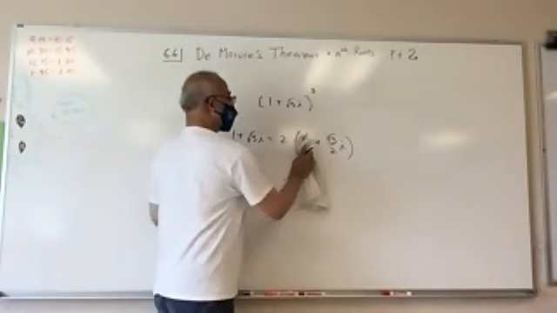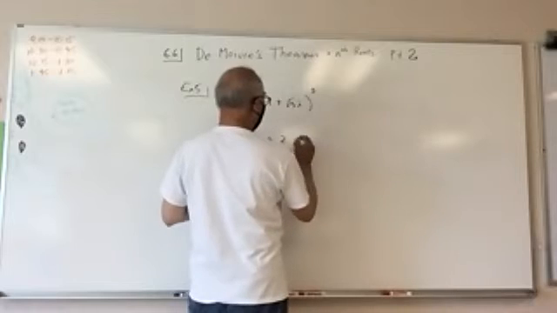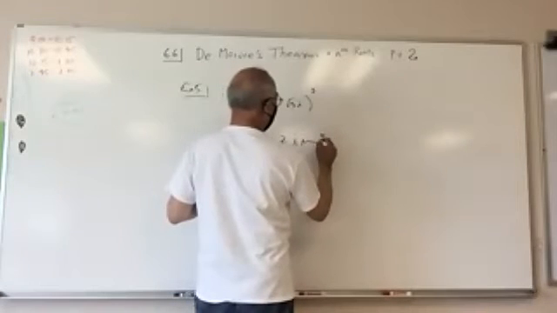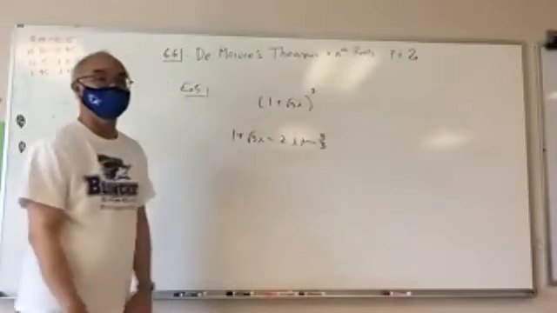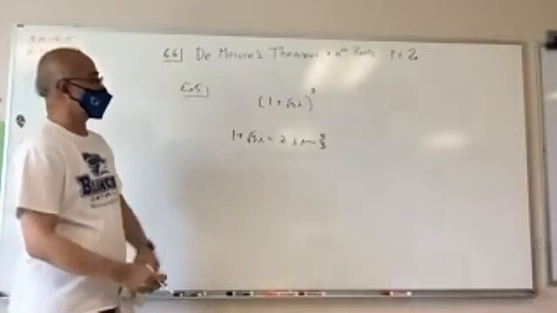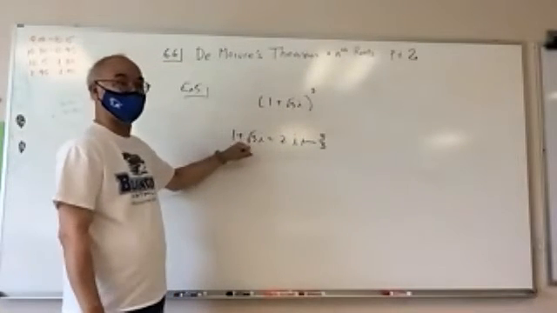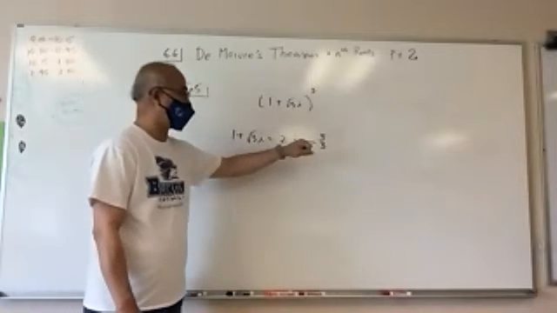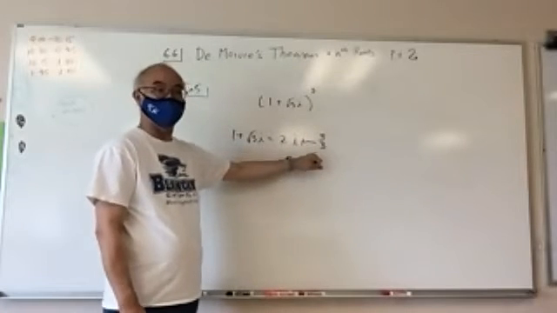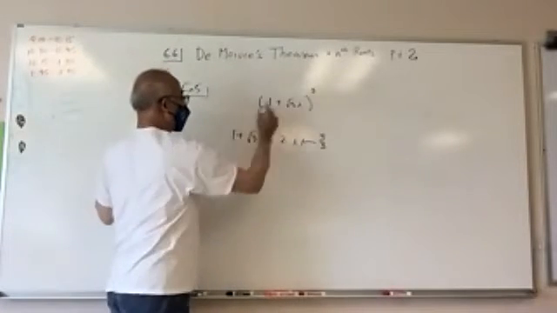Okay, so this becomes 2 times cosine pi over 3 plus I sine pi over 3, right? So I've successfully transformed my Cartesian regular form complex number into a polar form number, and I'm looking for the third.